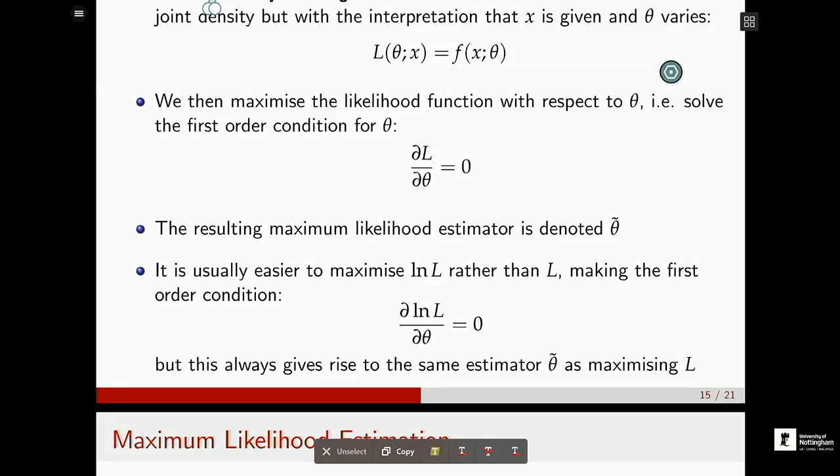And because taking logarithms is a monotonic transformation, you get the same answer for theta tilde, whether you differentiate the likelihood and solve that way, or differentiate the log likelihood and solve for theta that way. So very often we'll deal with the log of the likelihood because it linearises the equation and makes the differentiation easier, but it will give us the same answer. So it won't matter which way round you do it.